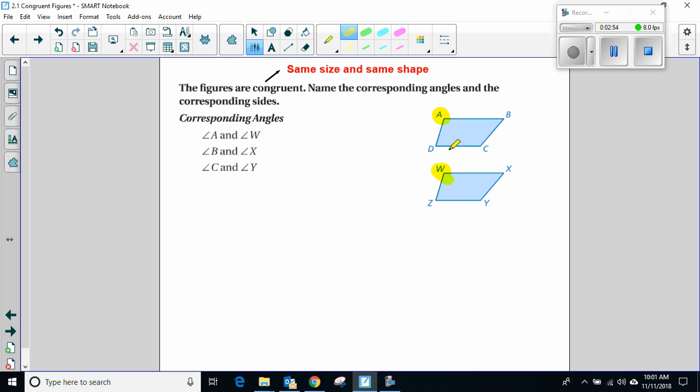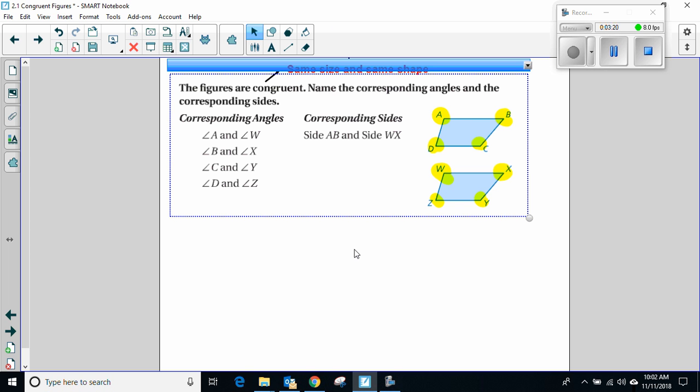Also, angle B and angle X. And that's how we write angle, with the angle symbol, angle B and angle X. Angle C and angle Y. And then lastly, we have angle D and angle Z. Now we have to name the corresponding sides.